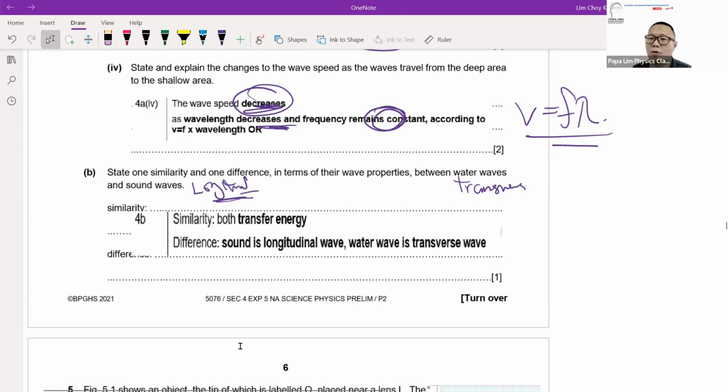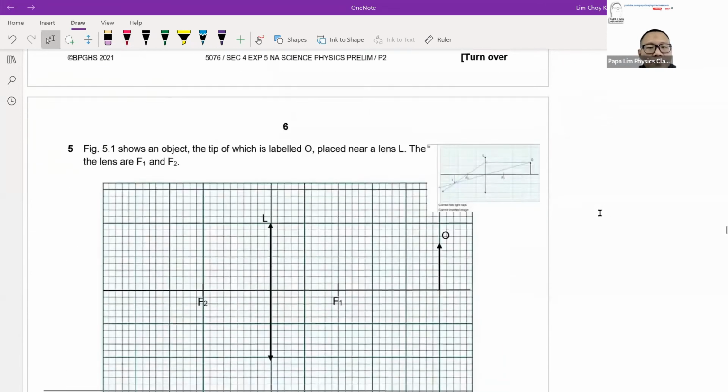So these are the common differences. Similarities, I would say it's straightforward because there are only a few, and one of the common ones we always like to use is both waves transfer energy from one location to another location without the molecules moving. So this is one of the common similarities that we have to take note of.